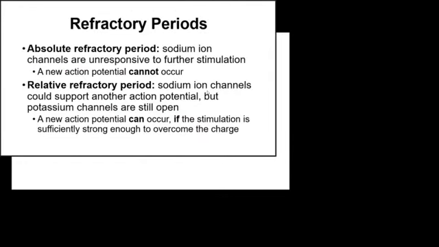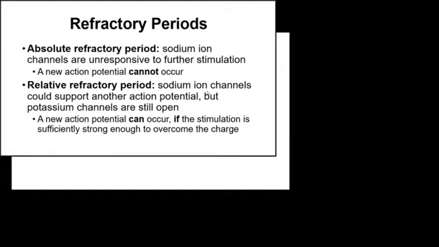We usually talk about the absolute refractory period, where we now know that the sodium ion channels are still open, meaning that sodium can still come into the cell freely, which makes it impossible to trigger a new action potential. Because they're already open, all of the sodium's already inside, there isn't enough sodium outside to trigger a new action potential. So an absolute refractory period is a hard, it cannot happen.